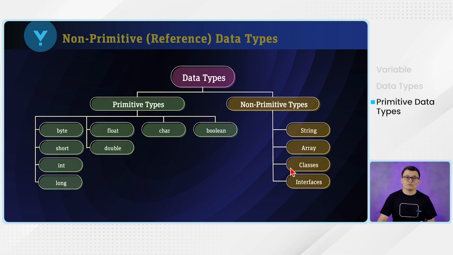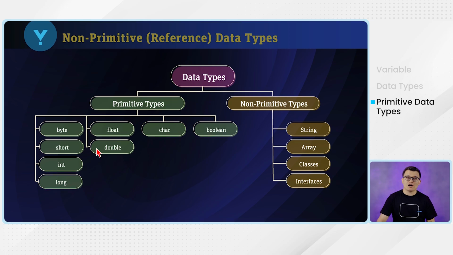In the future you will learn how to create custom classes, and custom classes can be your data type. And then the interfaces. The interface is a different term that you will also learn in the future. When you use an interface, you could still use it as a data type and store different objects in that type of variable.